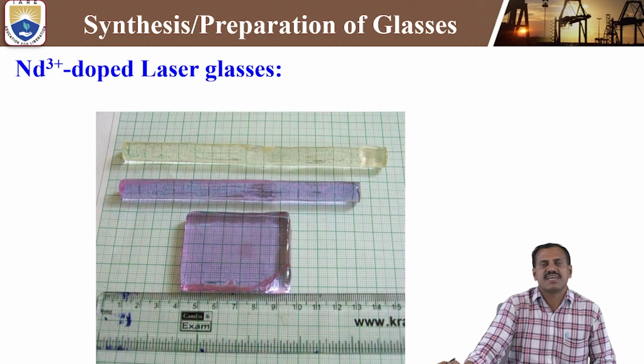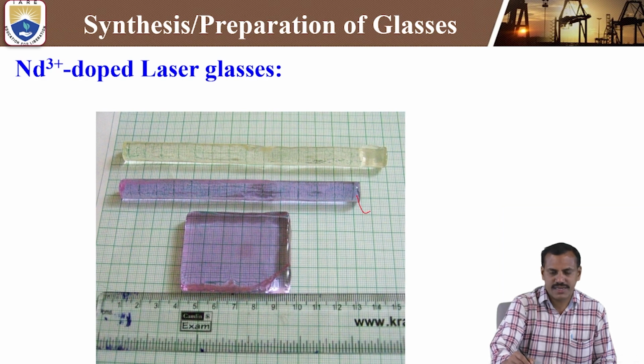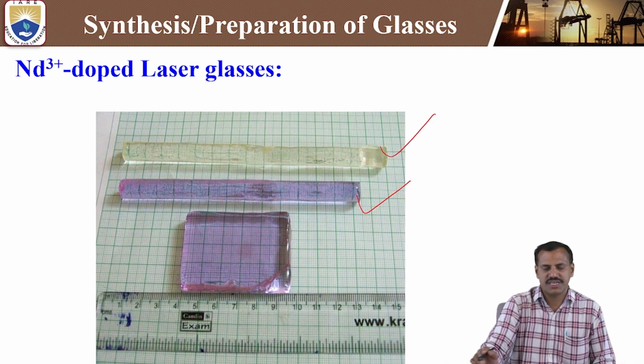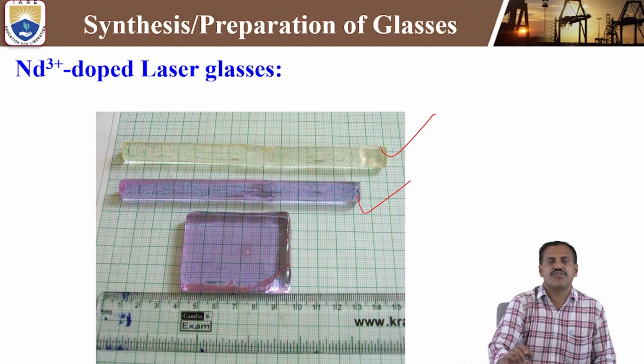This is the Nd doped laser glasses. It exhibits a pink color. This undoped glass is completely without dopant, and without dopant it looks white only. These are rod shape and rectangular shape, different kinds of Nd doped laser glass.